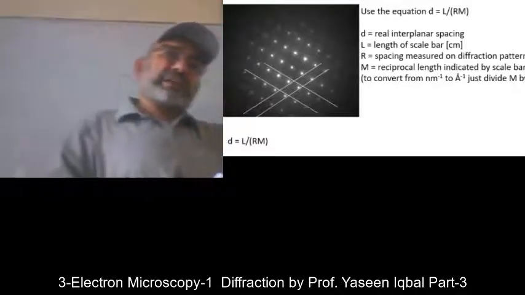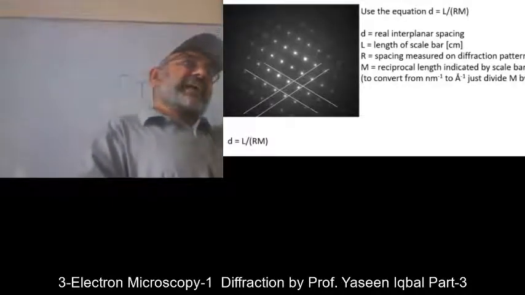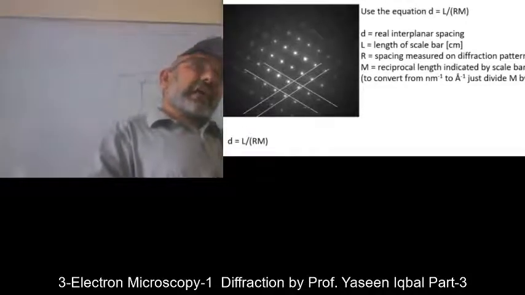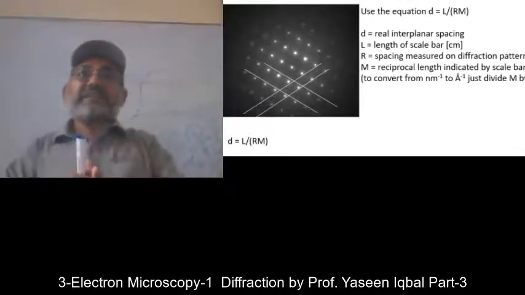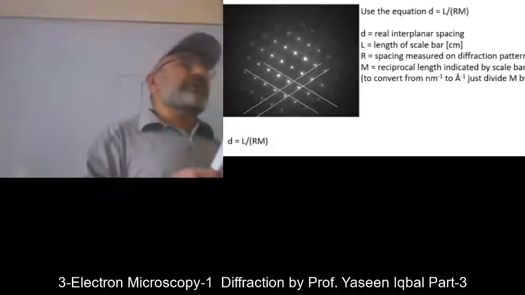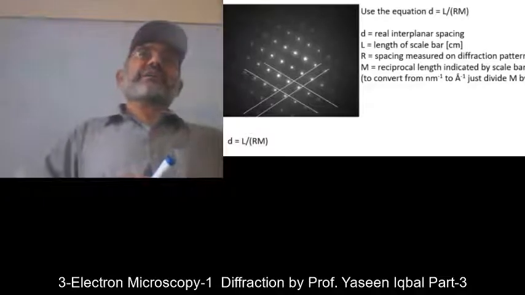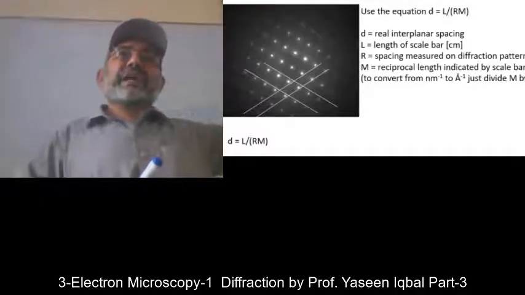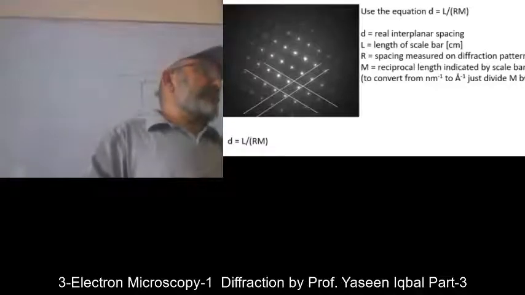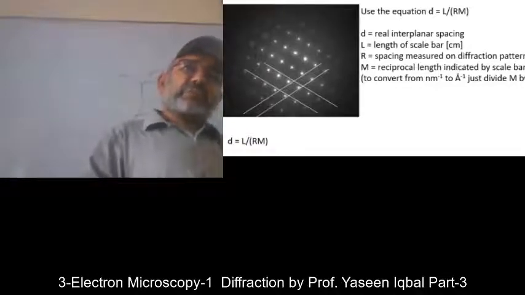The D values are measured by the equation, and the angles can be measured directly, interplanar angles. And when you know the interplanar angles and the interplanar spacing, then you can use that data to calculate the lattice parameters and the alpha, beta, gamma angles for a specific structure to which they are assignable.